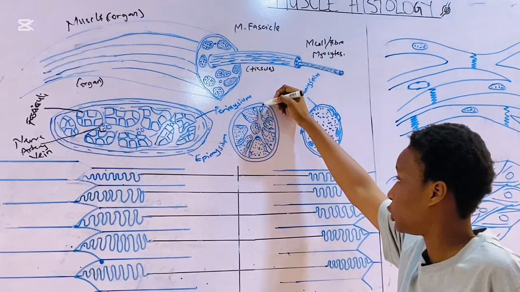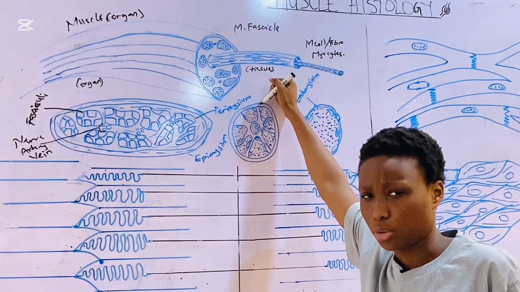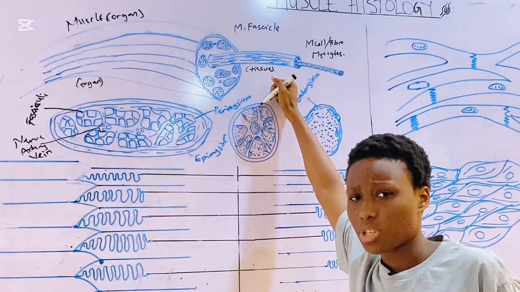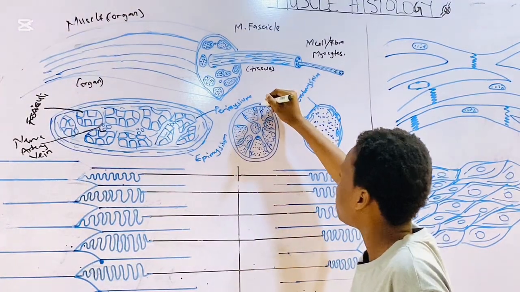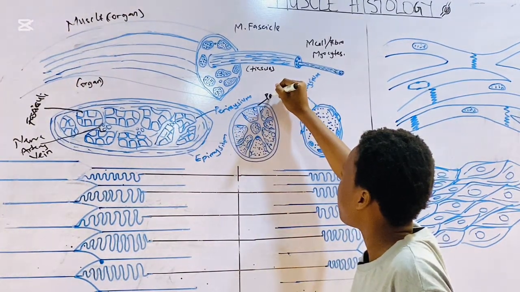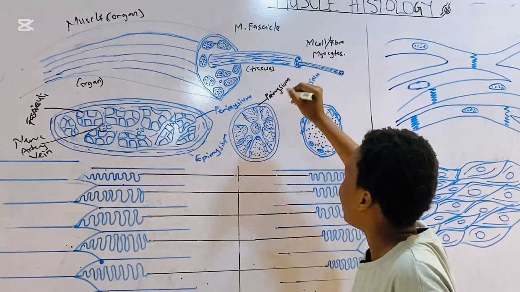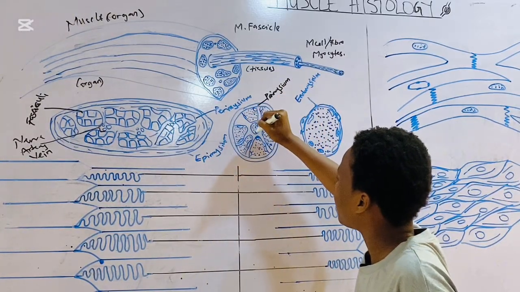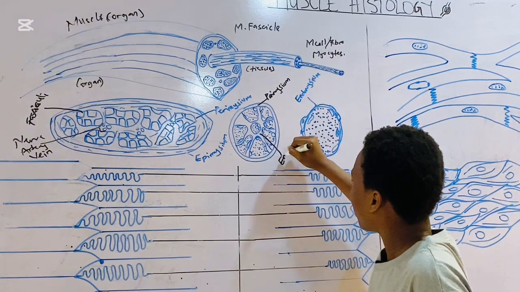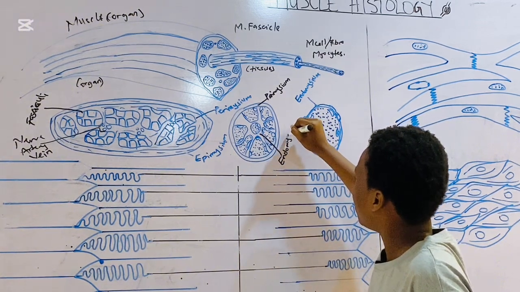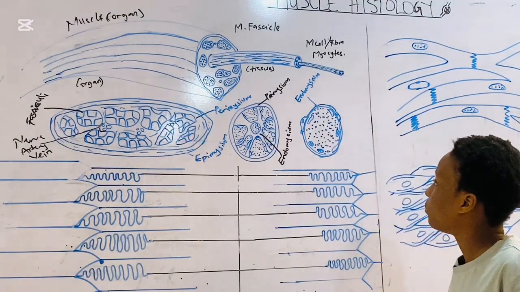This connective tissue, which connective tissue did I say is going to surround our muscle fasciculus? If you said perimysium, you are very correct. So this connective tissue here is going to be perimysium. And this connective tissue inside is going to be endomysium. Very, very cool.